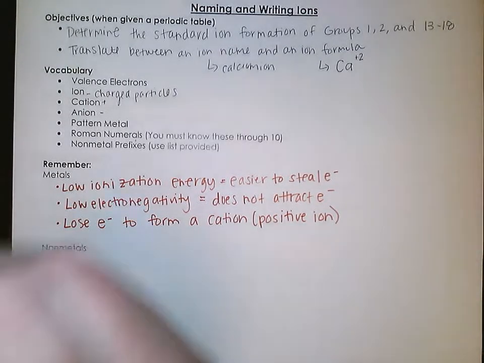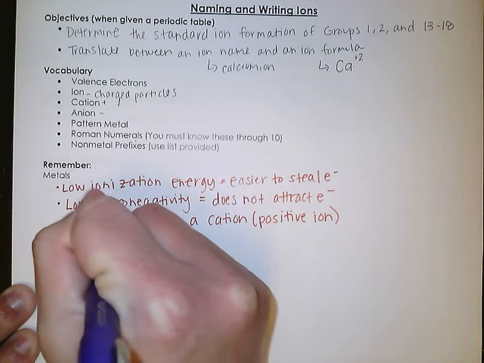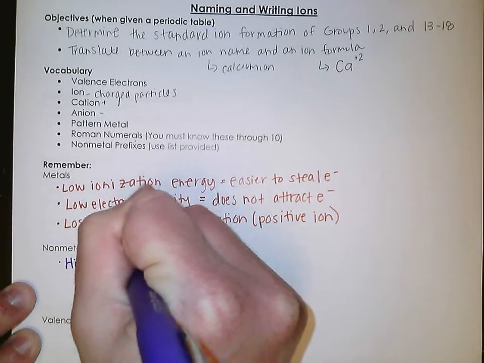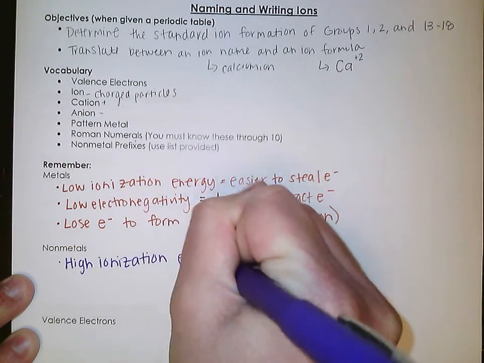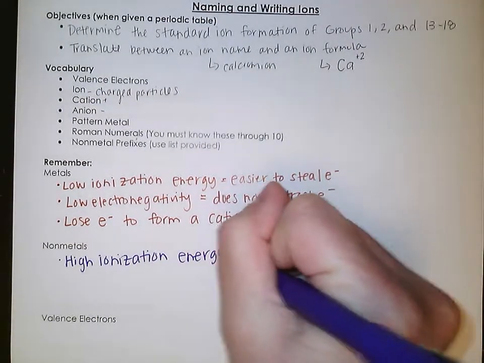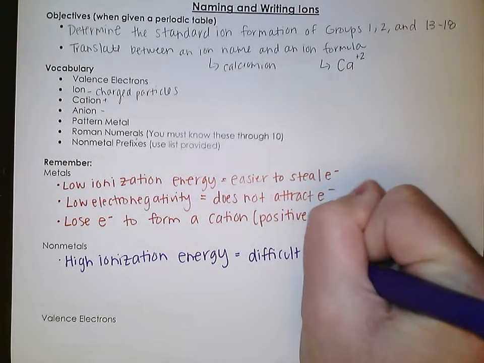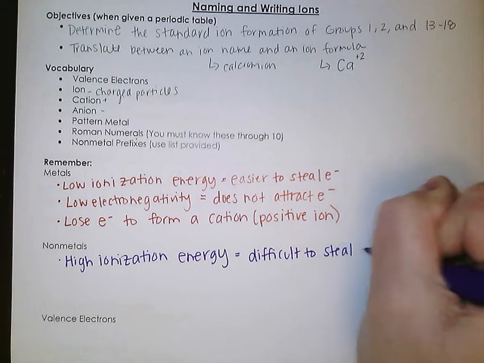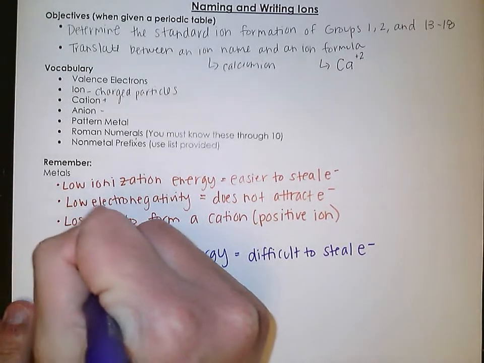So nonmetals here have a high ionization energy. Which means it's difficult to steal an electron. They have a high electronegativity.